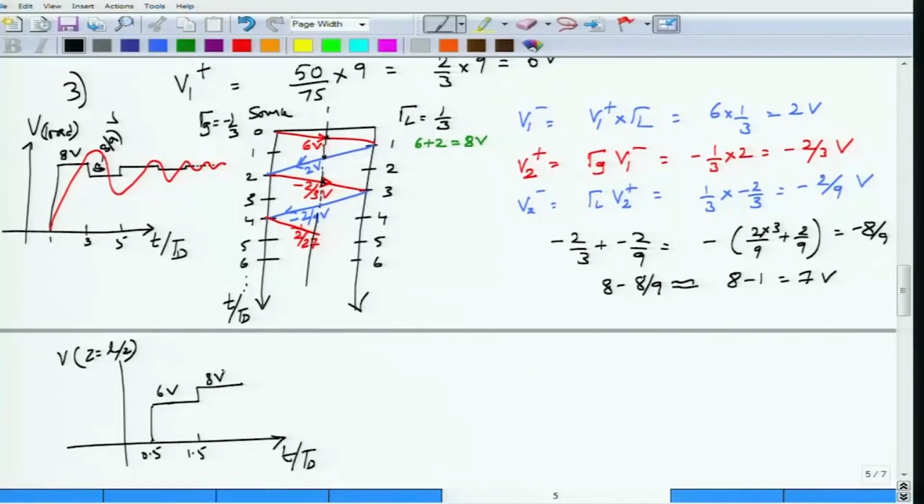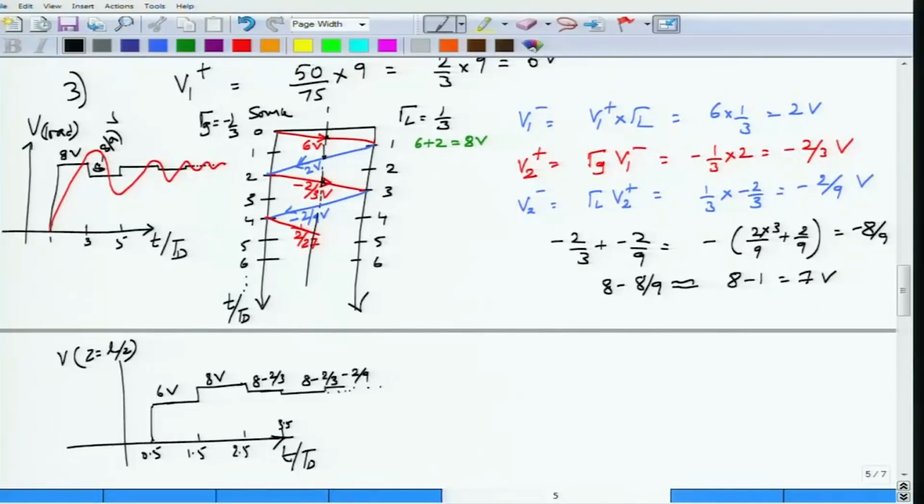So, this becomes 8 volt. Then again at 2.5 this would drop somewhat because there is minus 2 by 3. So, it is 8 minus 2 by 3, and then at 3.5 again this would drop a little bit because now this would be 8 minus 2 by 3 minus 2 by 9 and so on. So, here it would again rise and then eventually do something like this.